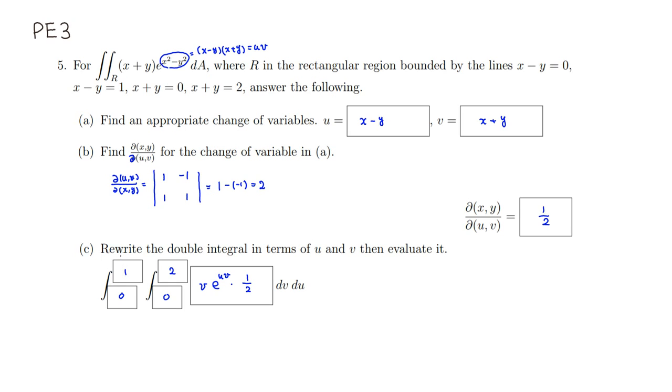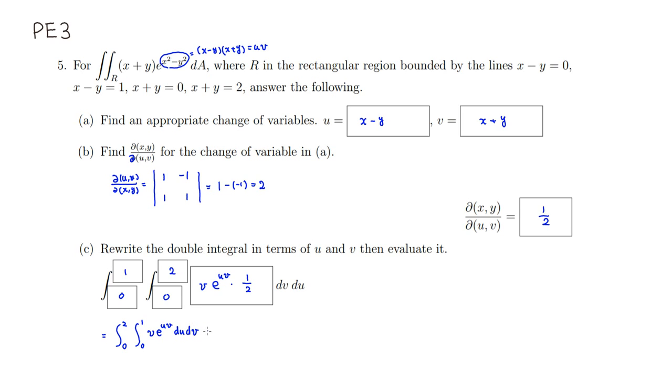In this case, I would like to switch the order of integration because the integral is actually easier with respect to u first. So I'm going to switch them. So this is going to be the integral from 0 to 2 and the integral from 0 to 1, then we have a v e to the uv, and we're going to do it with respect to u and with respect to v.